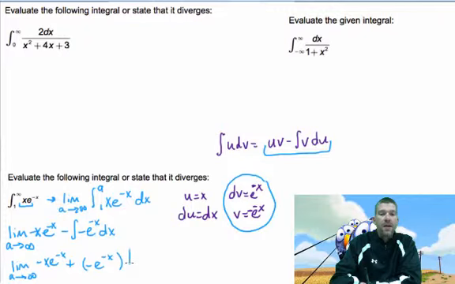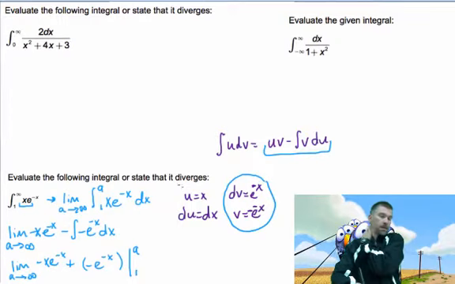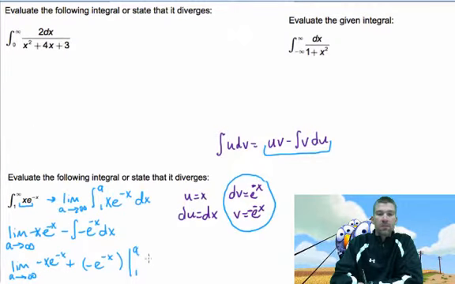Now, we want to evaluate this from 1 to a. Whatever that turns out to be as we approach infinity, that's going to be the answer to this particular problem. So now I just need to do stop minus start.